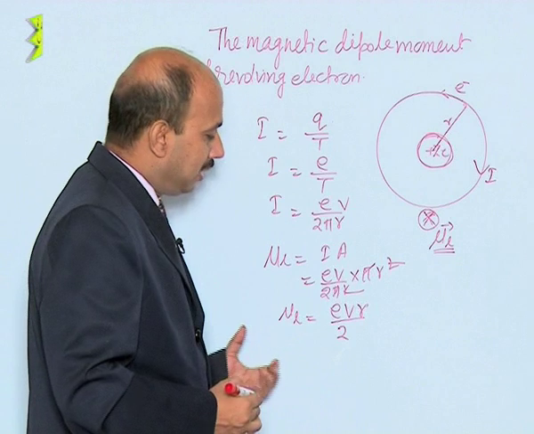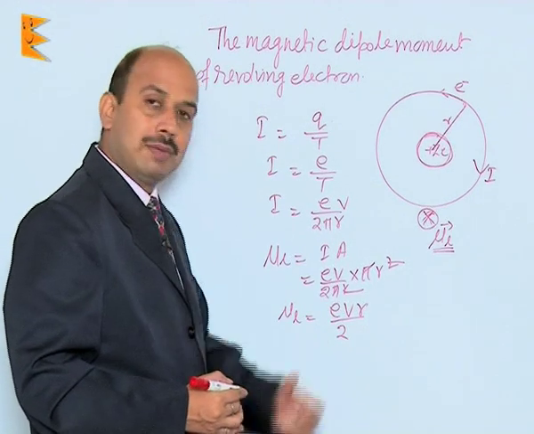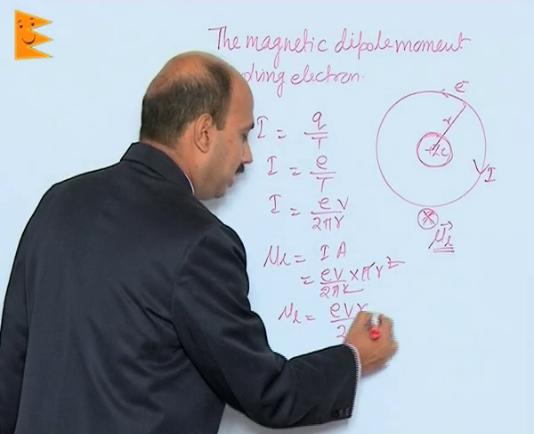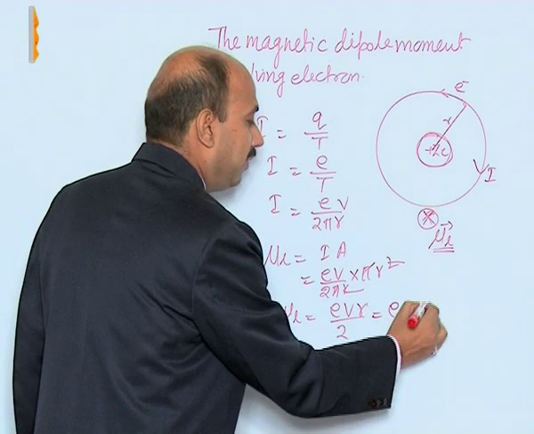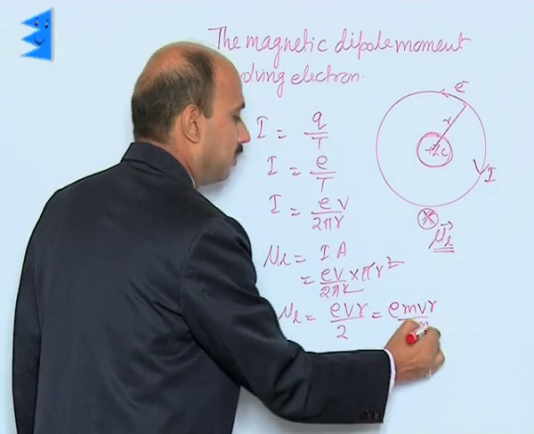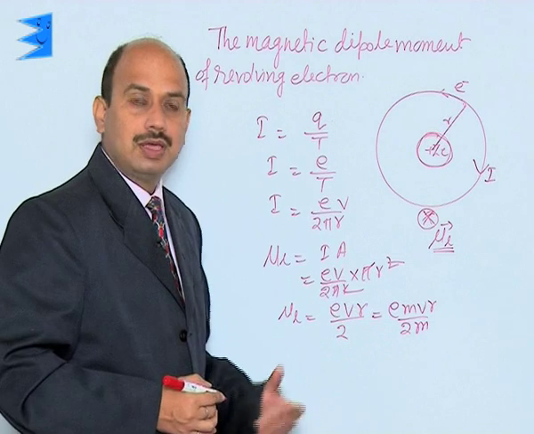Now if we multiply and divide by the mass of the electron, we get E m V r divided by 2 m, where m is the mass of the electron.